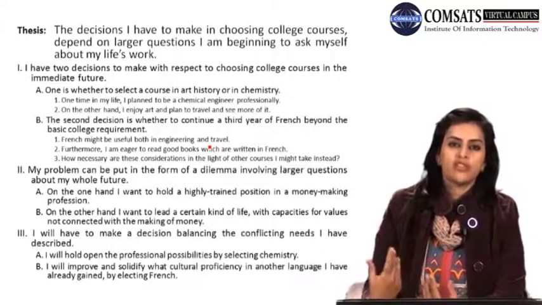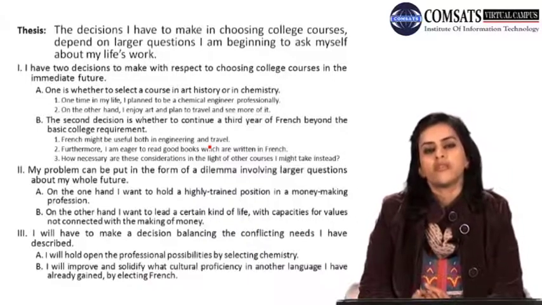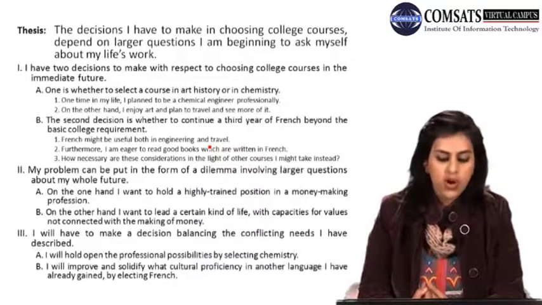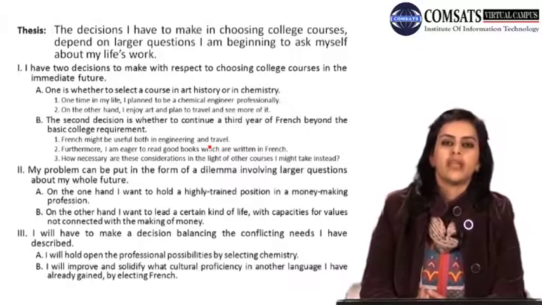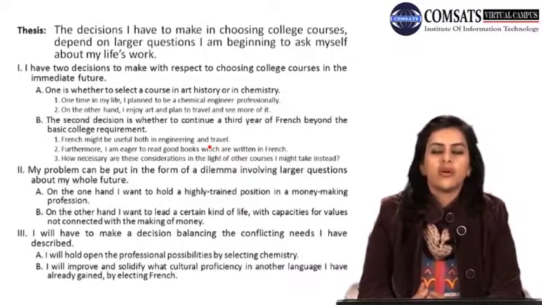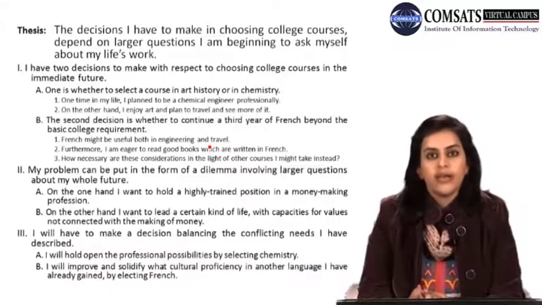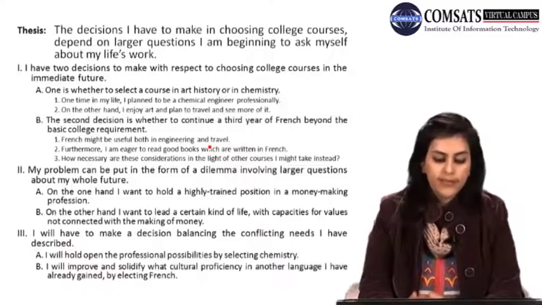So the topic is itself very thought-provoking, that what would be the choices of the person before and after attending the college. So this is what maybe a student is writing, or maybe any person is writing. So these are some of the thoughts that you are supposed to write, and let's see how he tries to do that and what he has to say in his outline.